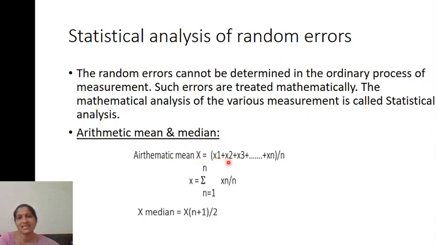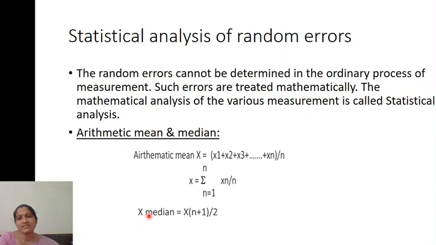Suppose you are taking n readings, that is x1, x2, x3 and so on up to xn. Mean is nothing but the sum of all the readings divided by the number of readings. So x̄ is equal to the sum, denoted by sigma, from i equals 1 to n of xi, divided by n. That is about the arithmetic mean.